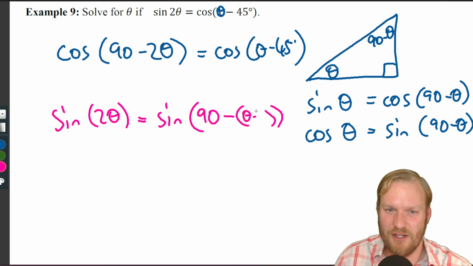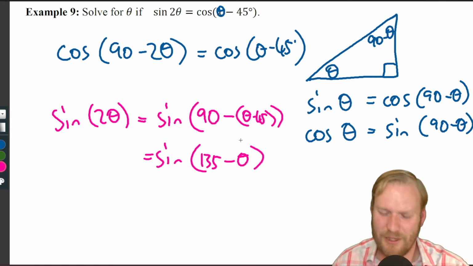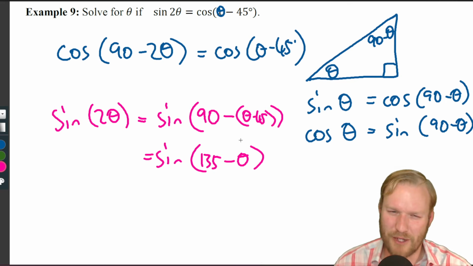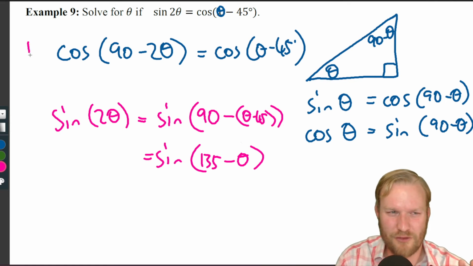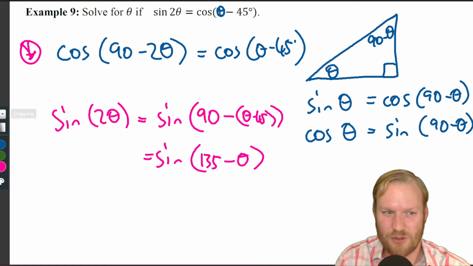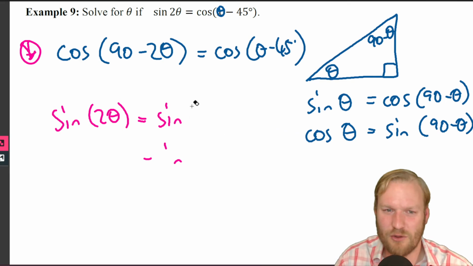So that's 90 minus theta minus 45, which is just 135 minus theta. I think we're right, but maybe that would work better for you. But maybe you can see why it's safer to go for the first option, as we did, so we didn't have to worry about those minuses, or whether we're subtracting the whole angle.